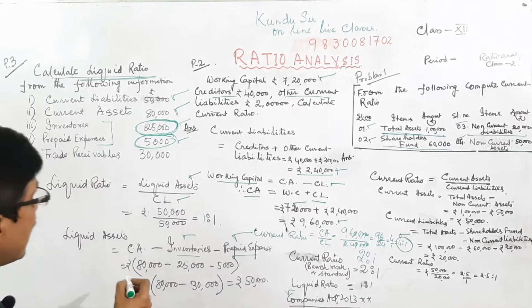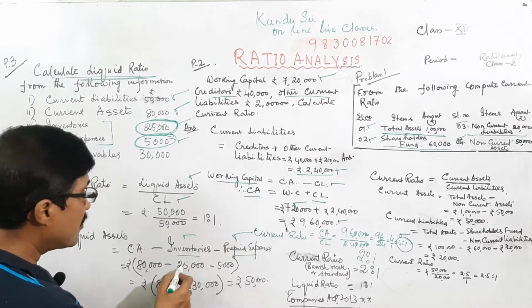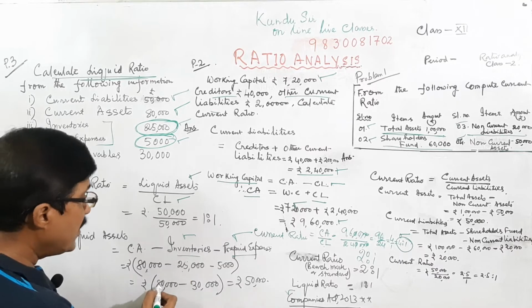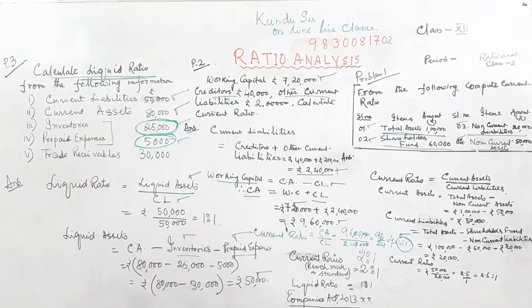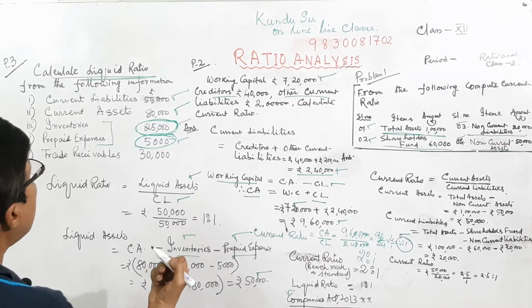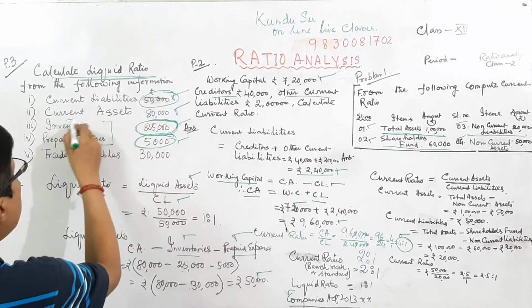If we deduct 25,000 and 5,000, that is 30,000. So, 80,000 minus 30,000, we are getting liquid asset of 50,000, and current liability is mentioned as 50,000.